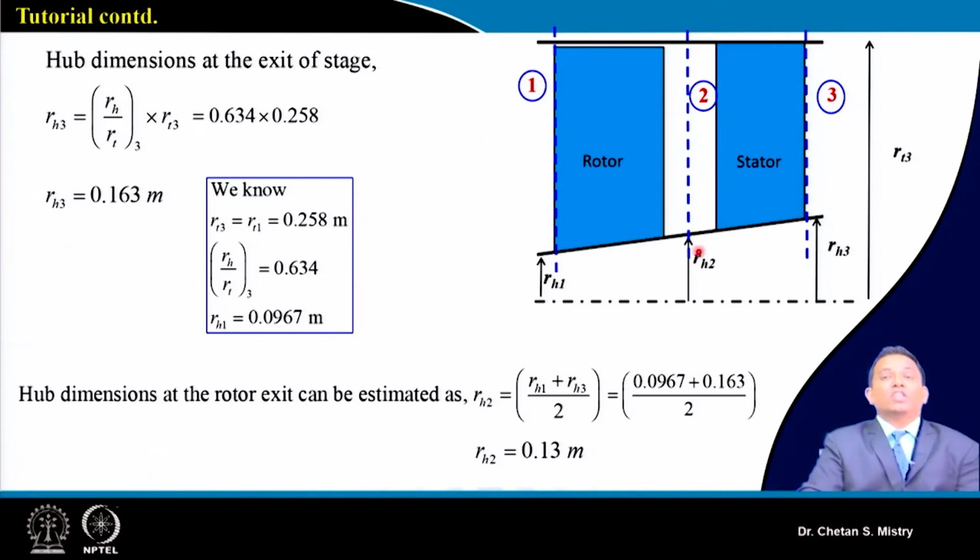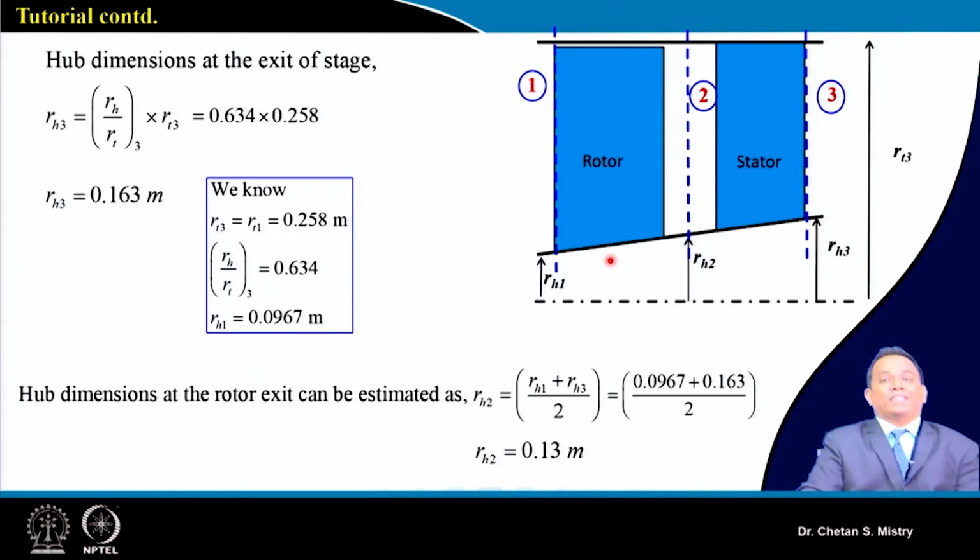We can say we are assuming this as R2. Sometimes what people do is this: this entry radius is known to us, and based on calculation of angle theta, you can do the design that way as well. And if you recall, when I was discussing the annulus design, we said we are looking for a smooth flow passage.